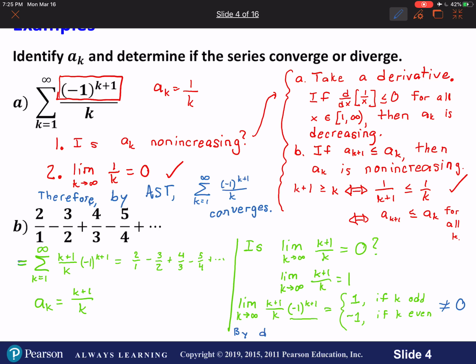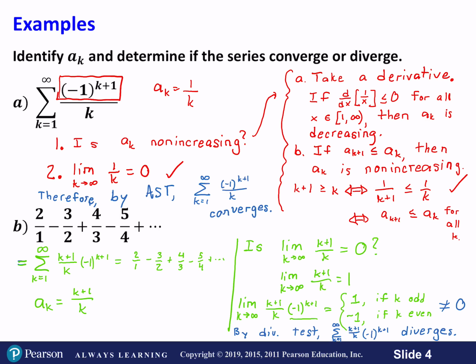So by divergence test, the series of k plus 1 over k times -1 to the k plus 1 diverges. All right, so the main thing to take away here is that the alternating series test doesn't have an official way to say that something diverges. We always refer back to the divergence test.